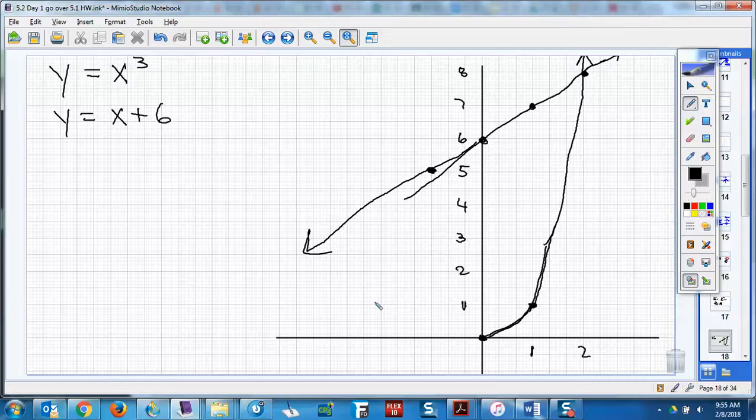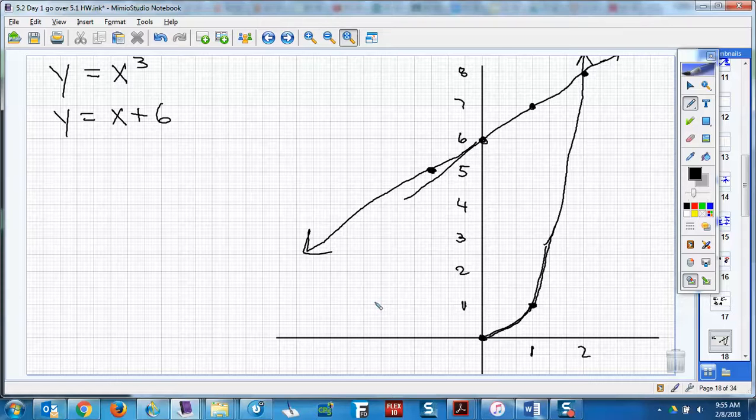Sketch the region in the xy plane bounded by the curves y equals x plus 6, y equals x cubed, and the line x equals 0. So you'll graph those, and you'll say, okay, it's got to be bounded by this, and x equals 0. Where's that? The y-axis. So it's got to be bounded by these 3 things. Well, clearly that's this region here, right?